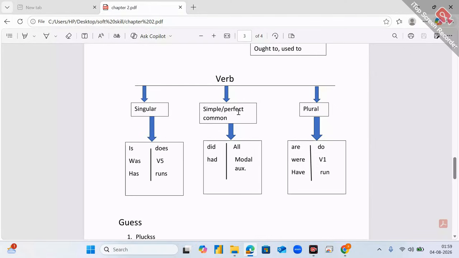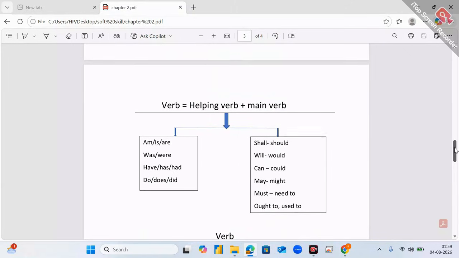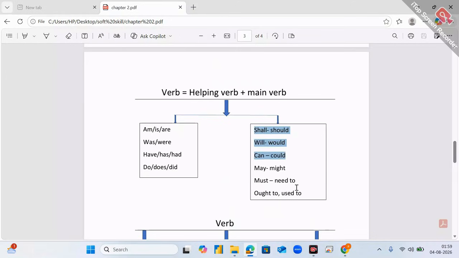Next is simple or perfect tense. Simple or perfect common: did, had. In simple tense, did is there. Then all modal auxiliaries. These are the modal auxiliaries which I have written over here. What are modal auxiliaries? We are going to understand everything.